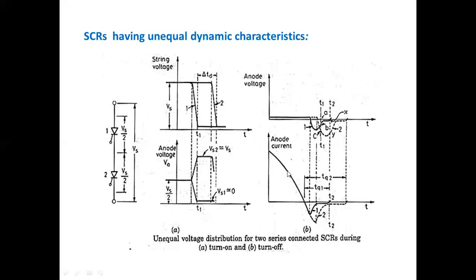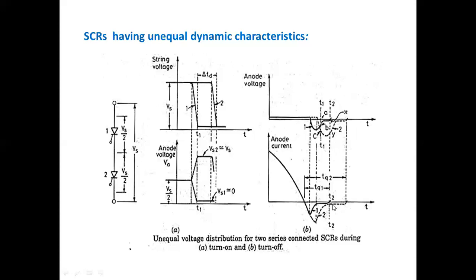During turn off, SCR1 is assumed to have less turn off time. TQ1 is the turn off time for SCR1, and the turn off time TQ2 for SCR2 is more.